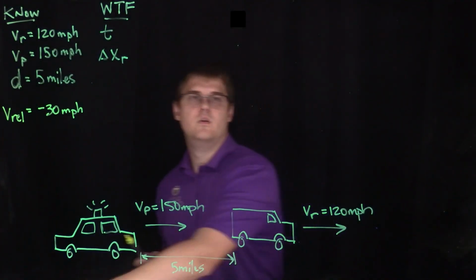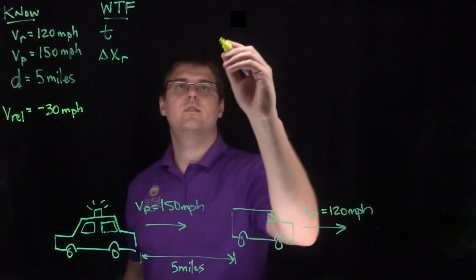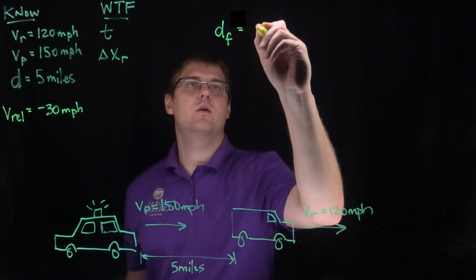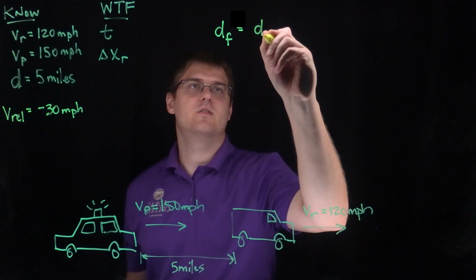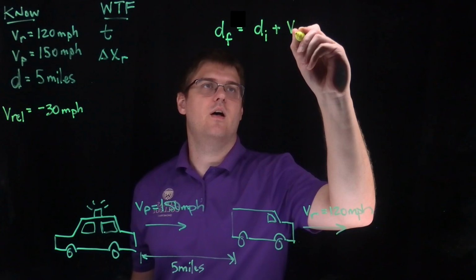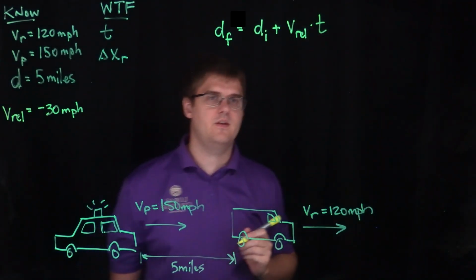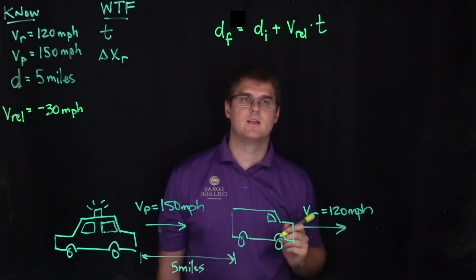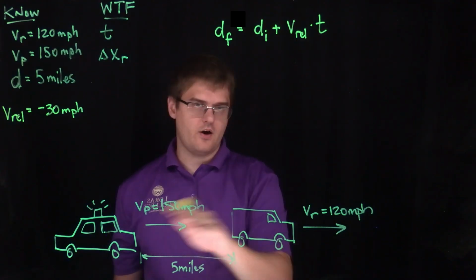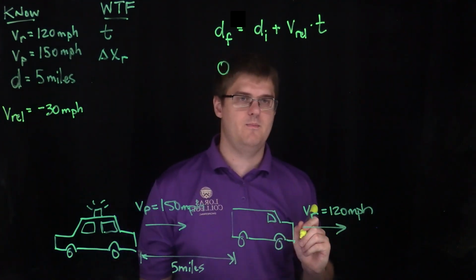Okay, back to my equation. I said that the final distance between them is going to be equal to the initial distance between them plus my relative velocity times the time that that relative velocity has to travel. My final distance, well, if the police car has caught the robber, there is going to be 0 miles between them.